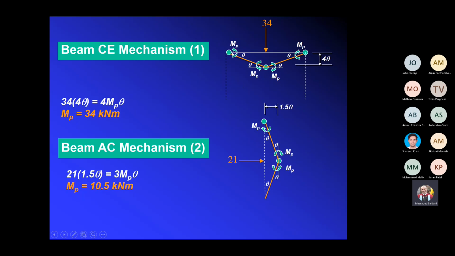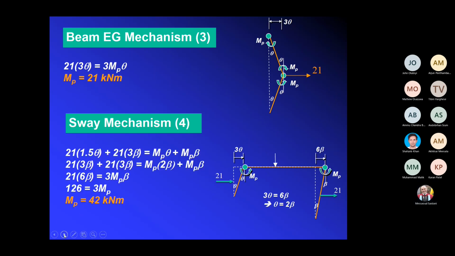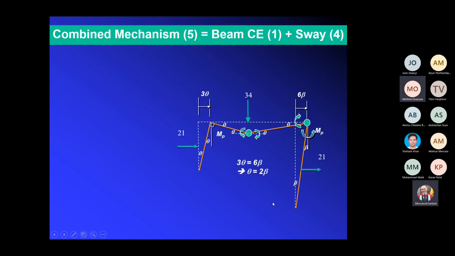Look at it well. See how this beam is rotating, okay? Now I'm going to combine it with this here. So I'm combining these two together, and when you combine them, it gives me this one.